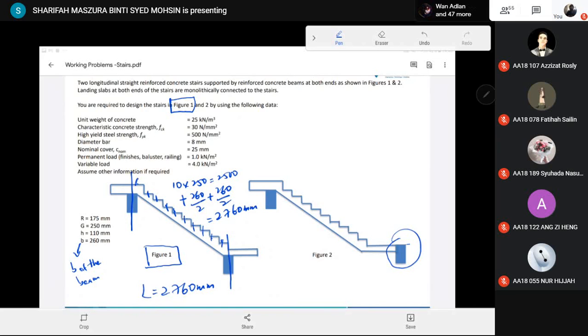So we get 2760 mm. That is the span of the flight. So copy the information first, and we're going to do this as our tutorial.